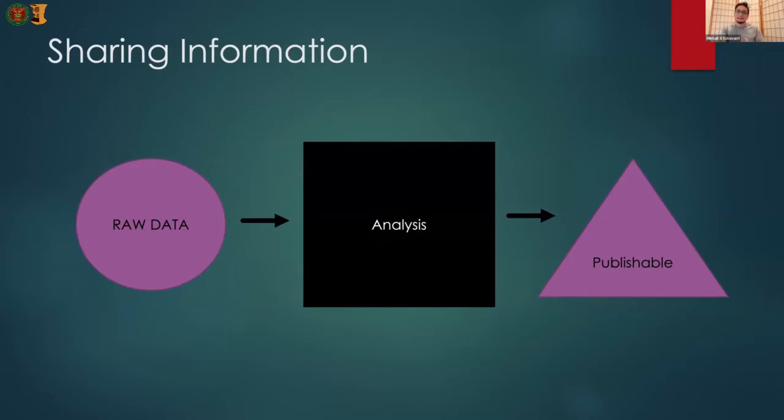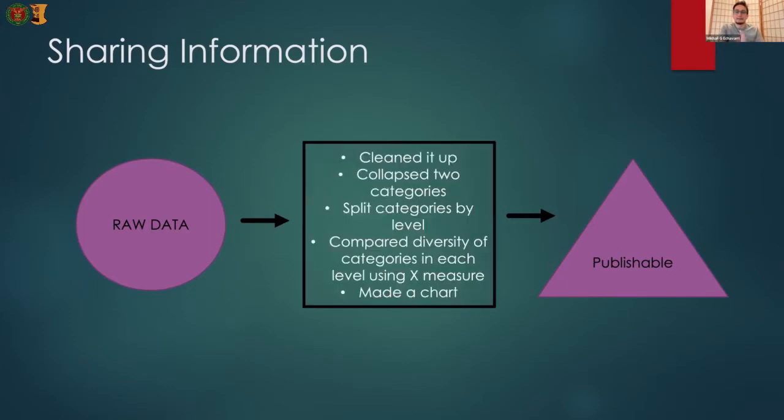What a lot of us are trying to do by pushing things like Python or R is to make that box transparent for everybody, so you can publish everything you've done inside that box with the publishable material at the end.